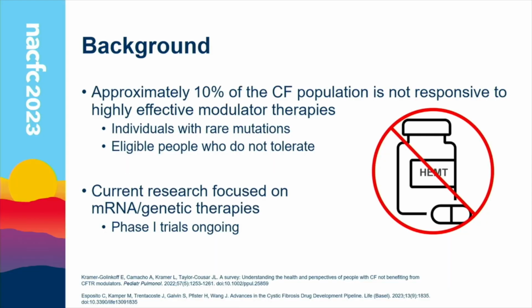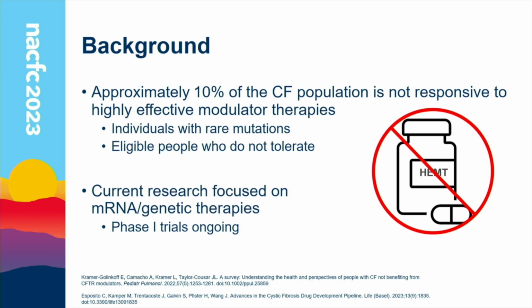So the reason I came around to this idea was, as we all know, there's approximately 10% of the CF population that's not responsive to highly effective modulator therapies. Those people with rare mutations, and then eligible people who do not tolerate.